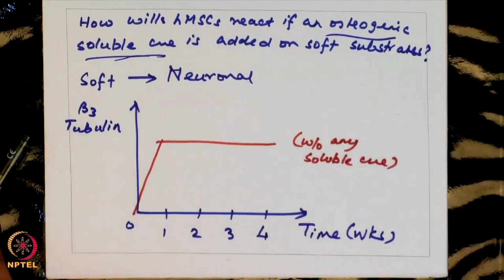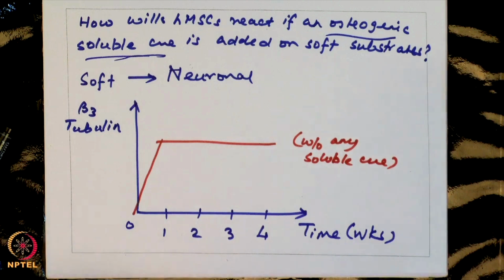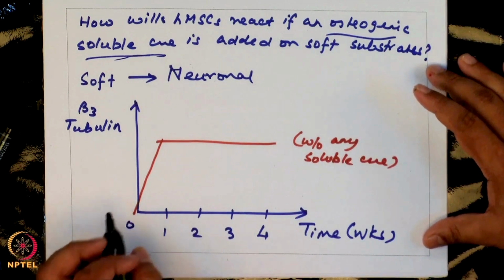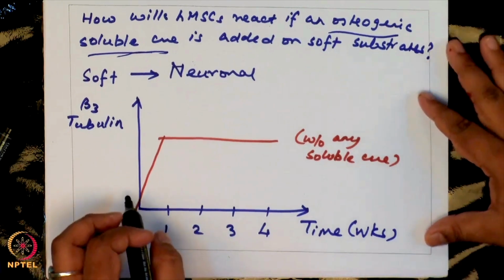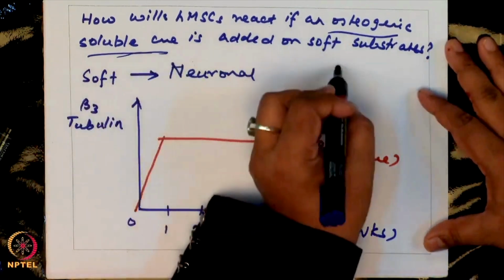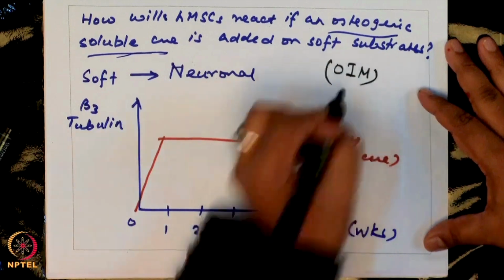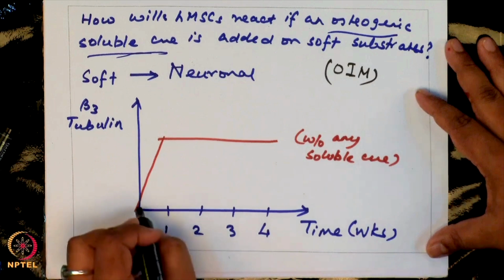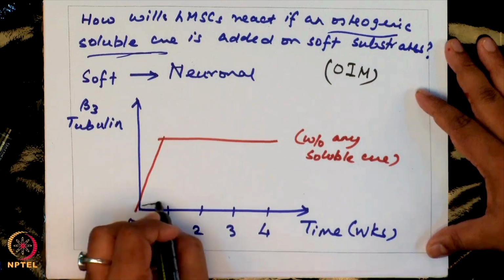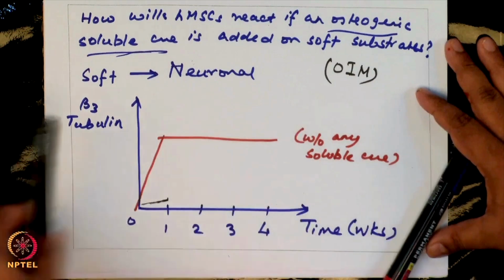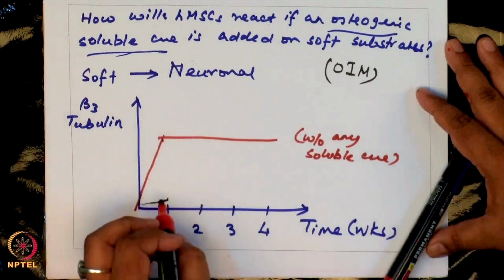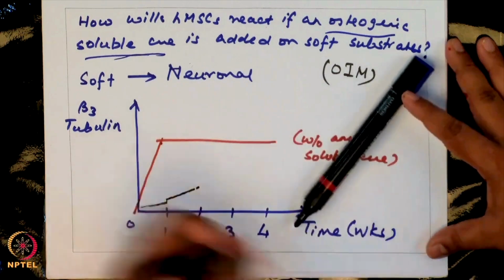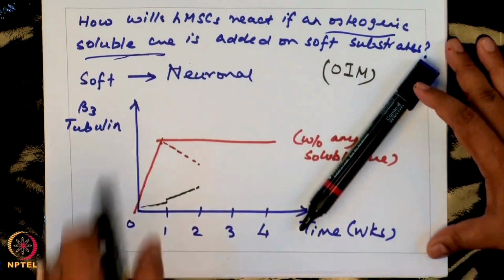If the authors added osteogenic media, so OIM is osteoinduction media, at 1 week, what the authors observed was that after 1 week you have osteogenic factor increasing and adipogenic neuronal factor decreasing.